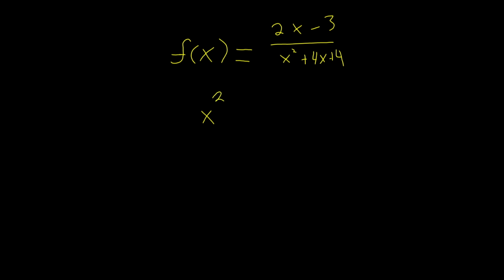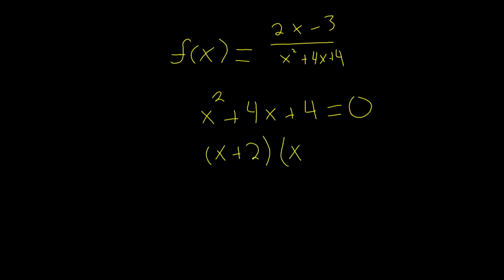X squared plus 4x plus 4 is equal to 0. And to solve this, we have to factor it. And if you guys know how to factor, you'll know that this is equal to x plus 2 times x plus 2, also known as x plus 2 squared.